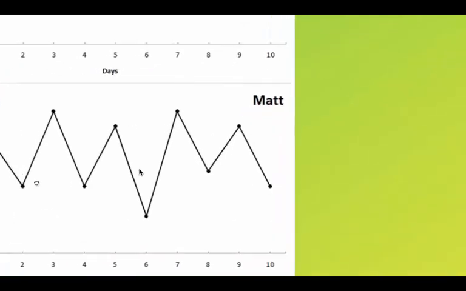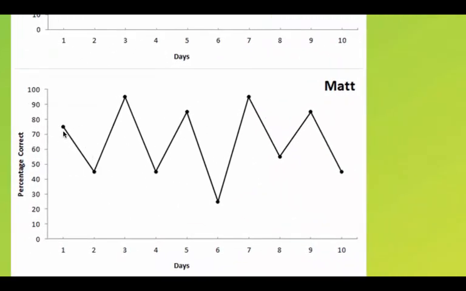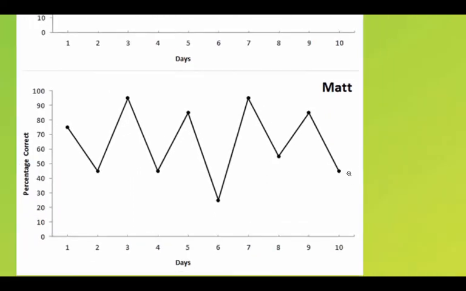Maybe what we're not seeing on this chart is that on this high day of 100% correct, that was you working with the individual. I'm going to give you the credit for this data point and this data point over here as well. However, maybe there's another registered behavior technician that doesn't really have great instructional control or stimulus control over behavior, and we're going to give this data point to that person. So sometimes the variability in performance can be a byproduct of different staff or different individuals working with the person.